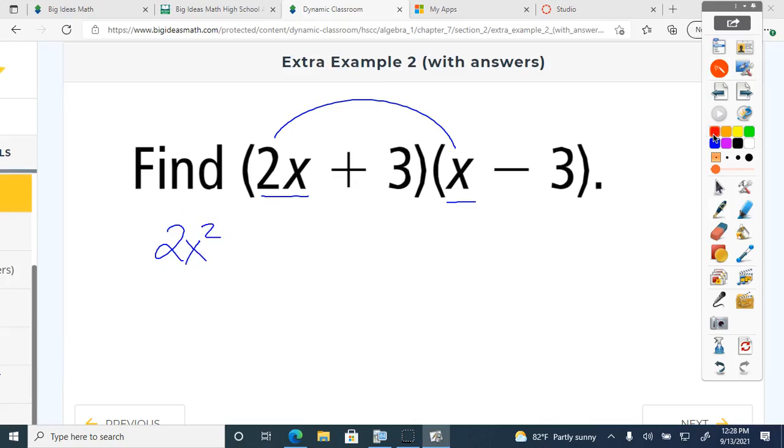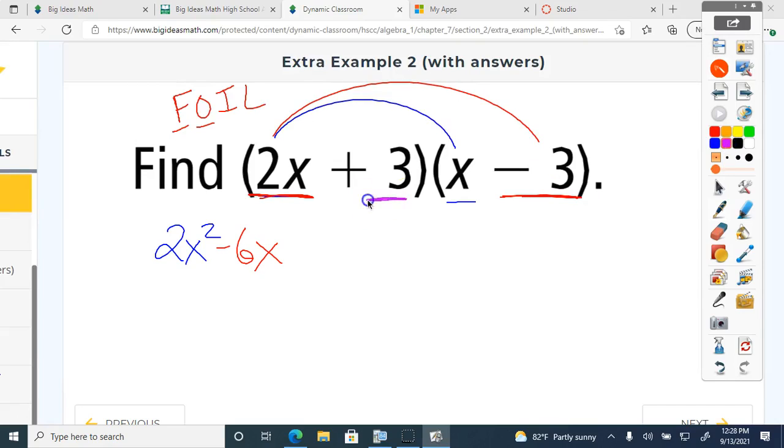Outside, remember, FOIL, right? So we did the first one. Outside would be 2x and negative 3. They're on the outside. Negative 6x. Inside would be 3 and x, which is 3x. And then last are the last terms.